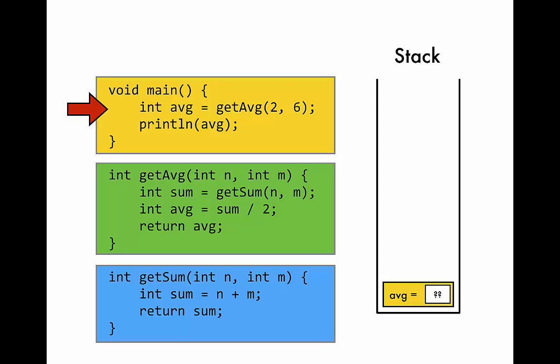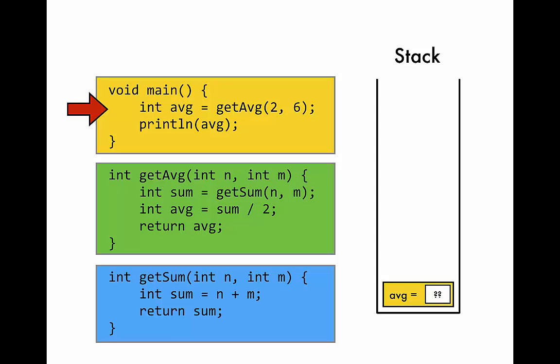We have declared an int variable named average, or AVG, to hold the result, but we don't know its value yet. Therefore, our stack contains the local variable AVG from the method main, but its value is unknown.